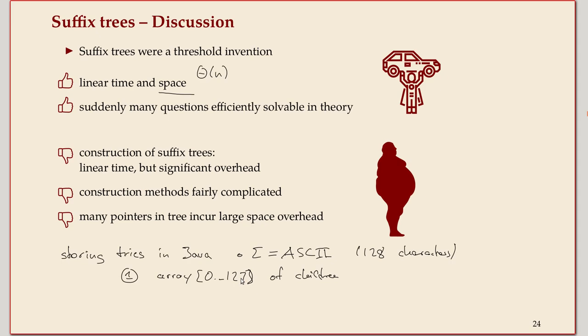You could also represent this with a dictionary. So you map the characters to child pointers, and then you use whatever you choose for representing a dictionary, for example, binary search trees.